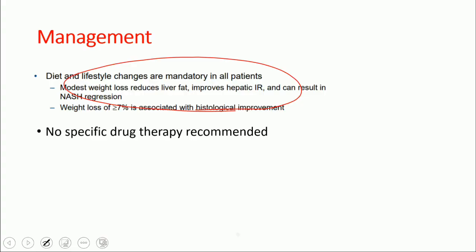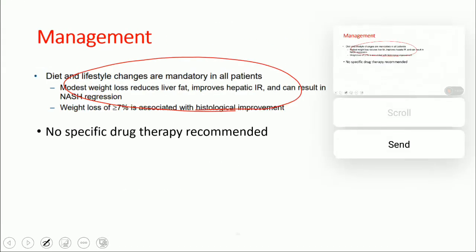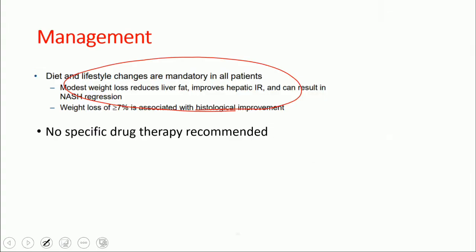So diet, lifestyle modifications, weight loss, all these things result in a reduction of liver fat, regress NASH, and also improve histology. Yes, central lobular fat deposition can occur in both alcohol and NAFLD. Somebody asked that question. So diet, lifestyle modifications, anything that reduces obesity is involved in histological improvement.